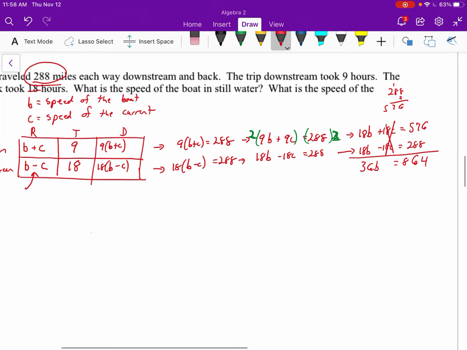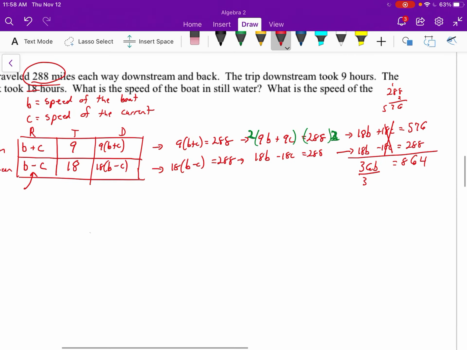And then we're going to divide both sides by 36 to get our answer. 36 into 864, this is twice 72, 144, and that goes in 4 times. So we get b is 24, which is the speed of the boat.